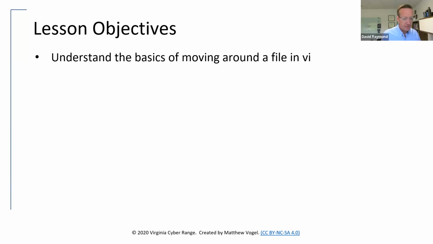And the more time you spend in VI, the more frustrated you're going to be using the arrow keys. And so the more you're going to want to be able to move around more quickly by jumping whole pages or by searching for things, or just getting to where you want to get quickly without paging around one line at a time.